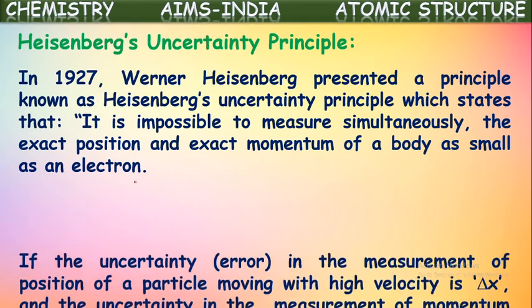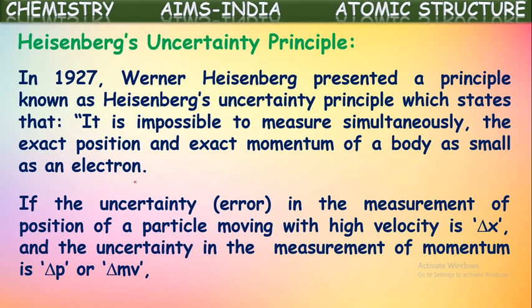Next, if the uncertainty in the measurement of position of a particle moving with high velocity is delta x, where delta represents some error, then delta x is the uncertainty or error in the measurement of position of a particle like an electron. And the uncertainty in the measurement of momentum is taken as delta p, where p represents momentum. We know momentum is equal to mass into velocity, so that can be written as delta mv also.